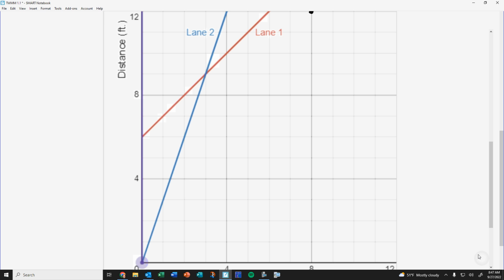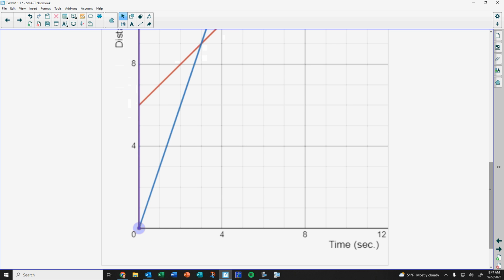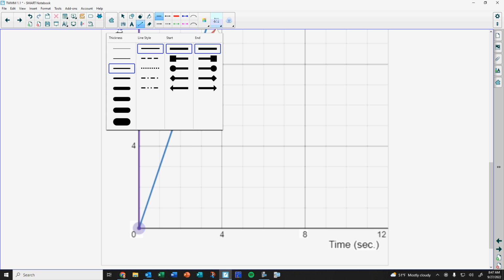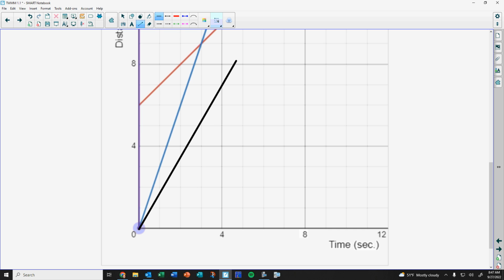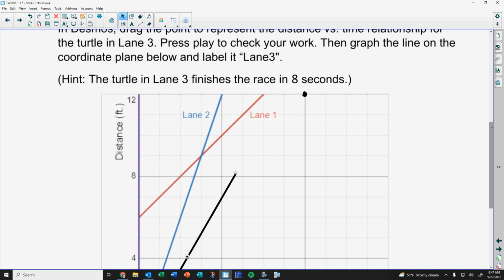So I need to draw a line. You'd probably just use a ruler. I need to use a straight line tool here. I'm going to go up there and get my line to my point. All right? There we go. So this is lane 3.